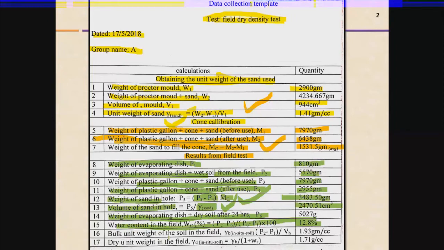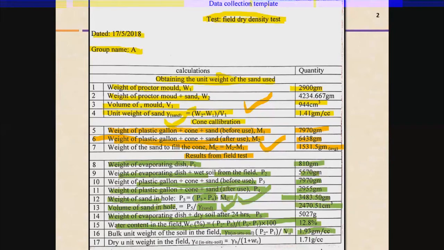Bulk unit weight of the soil in the field, gamma b in situ soil. For this I have the formula P2 minus P1 divided by the volume of sand in hole. P2 minus P1 gives me the weight of the excavated soil, divided by VH, the volume of the hole, which is indirectly attributed by the volume of the excavated material. This is 1.93 gram per cc.